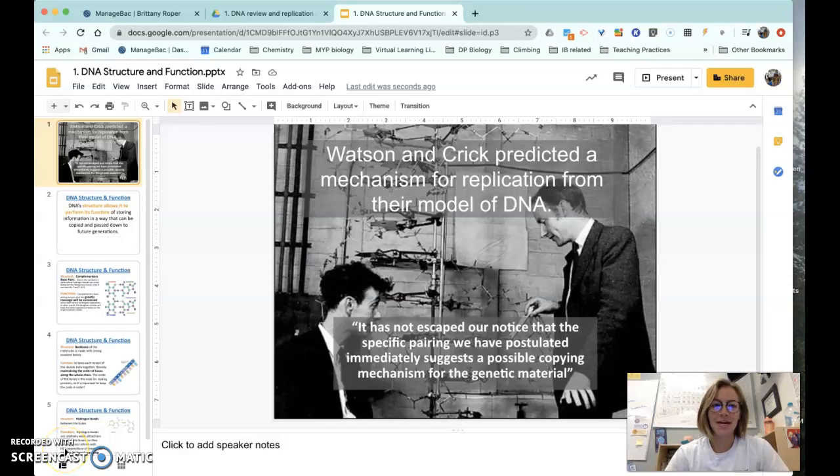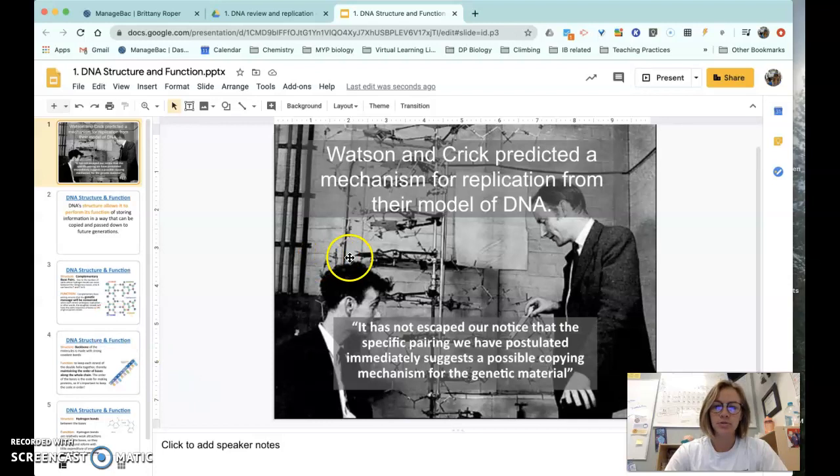Okay, guys, so DNA structure and function, as well as replication, is going to be absolutely huge in the discovery of DNA's structure and basically how it goes about doing all of the amazing things we've learned about it doing.